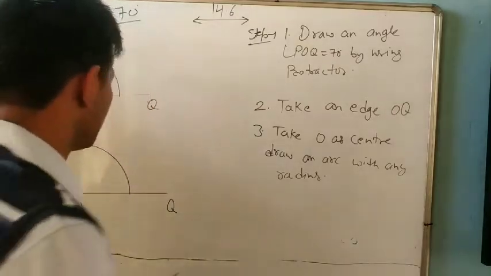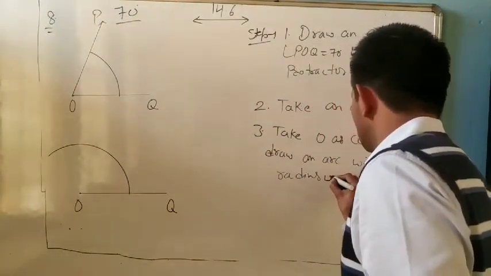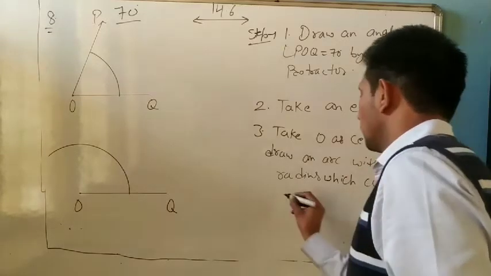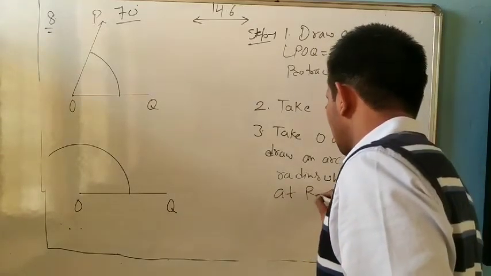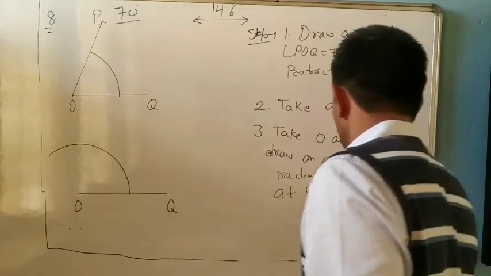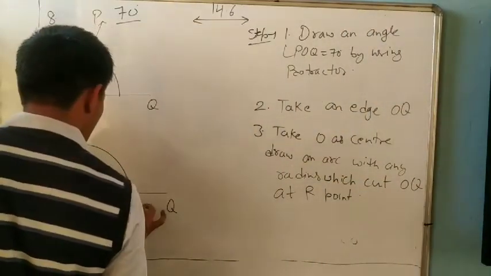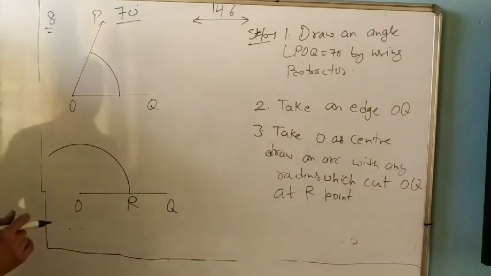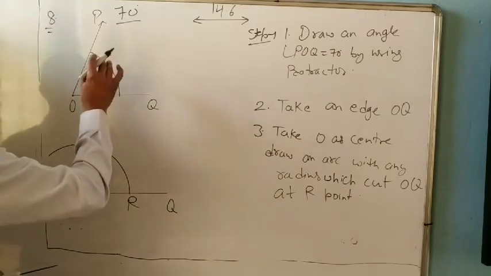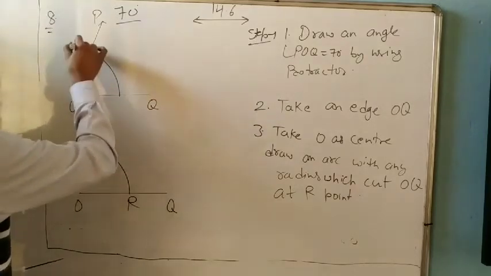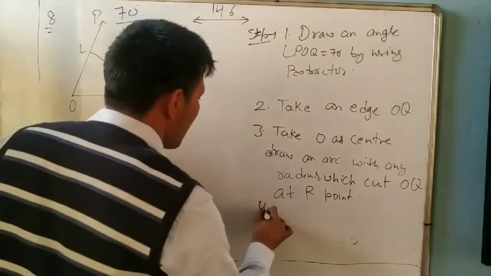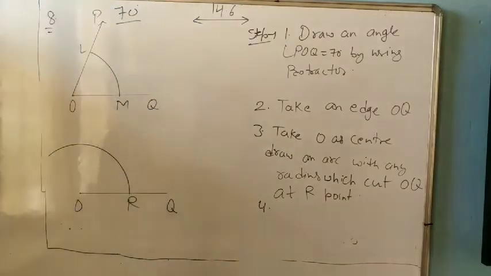Yes. So you can write: cut OQ at point L. Understand? You can give its name, suppose it is L. Now everyone knows we want to make a copy.